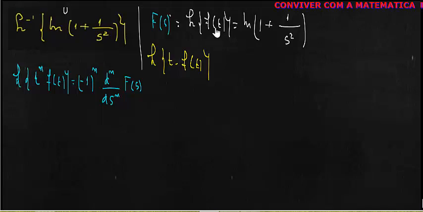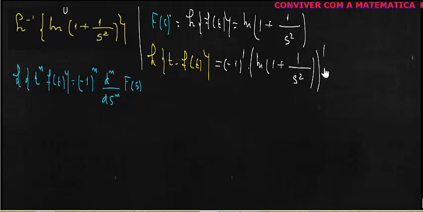So let's continue. Applying this property, it is easy to understand. I will get minus 1 to 1 times the derivative of the first order of the Laplace transform of f of t. In this case, it is the logarithm of 1 plus 1 over s squared, prime, okay?